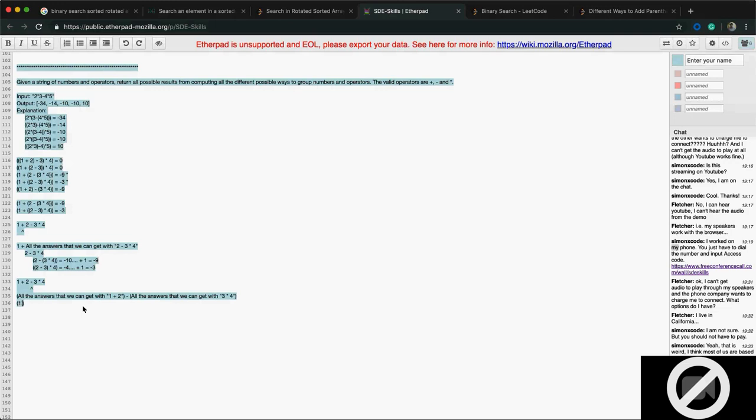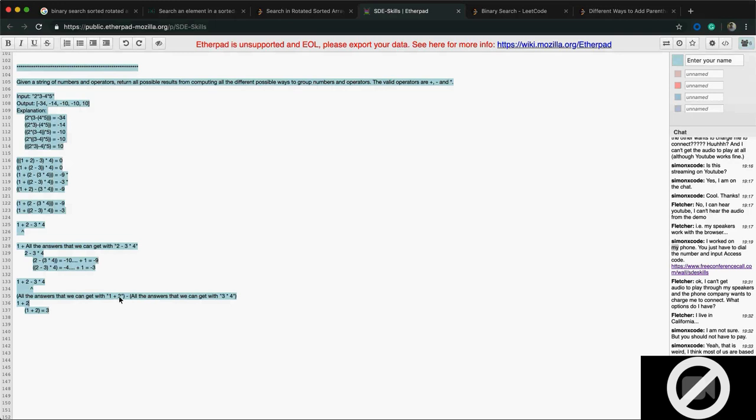Now, what are the different number of ways we can solve this string 1 plus 2? One way, correct? Any question on that?